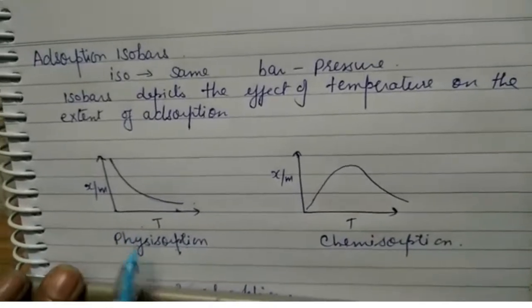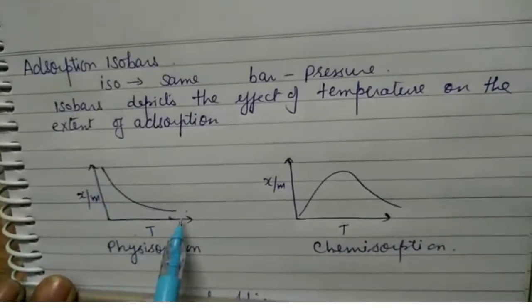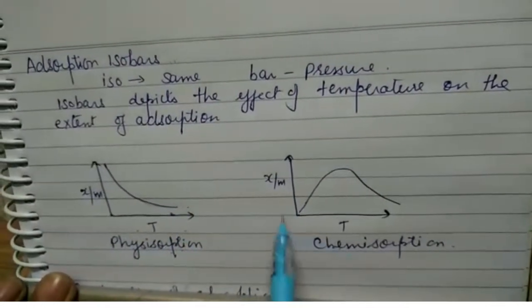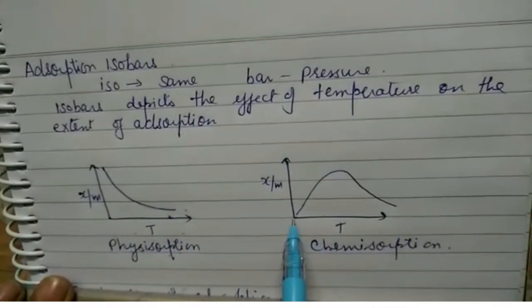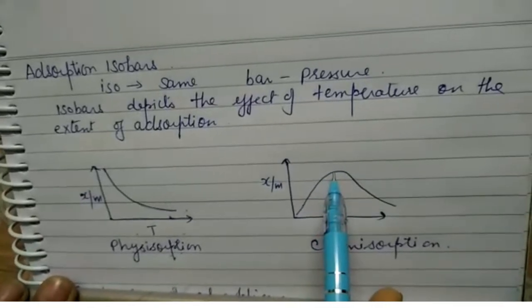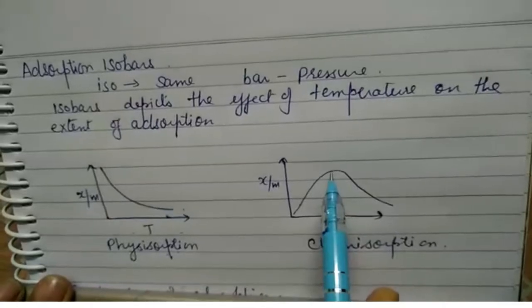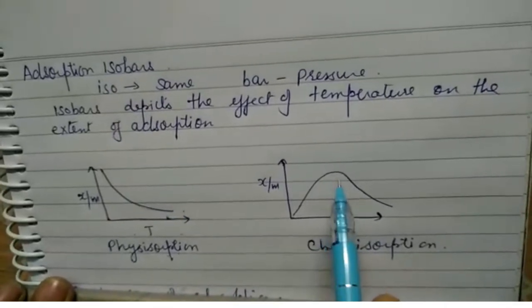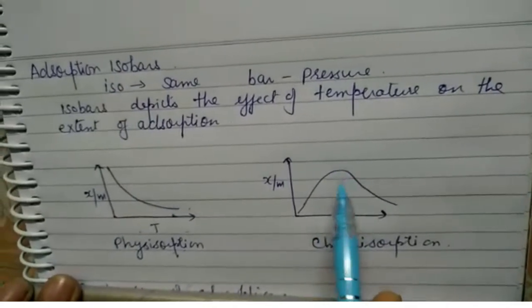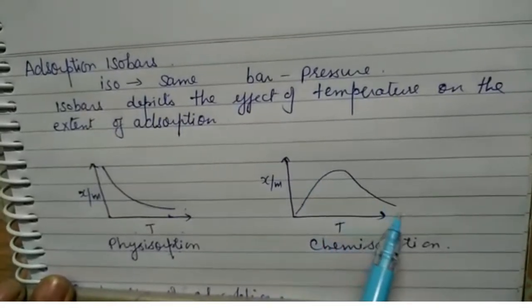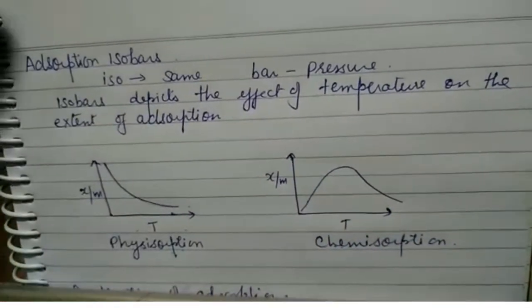So in physisorption, there is a direct decrease in the rate of adsorption with increase in temperature, whereas in chemisorption, first the rate of adsorption increases due to the activation energy for the formation of the bonds between the adsorbate and adsorbent. Once all the bonds have been formed here, the rate of adsorption decreases with increase in temperature.